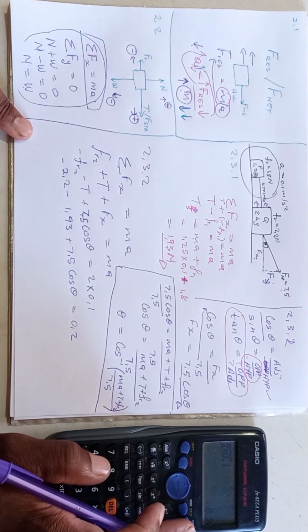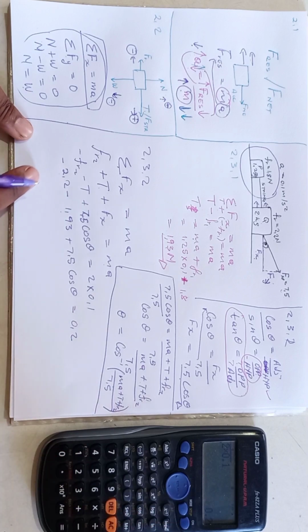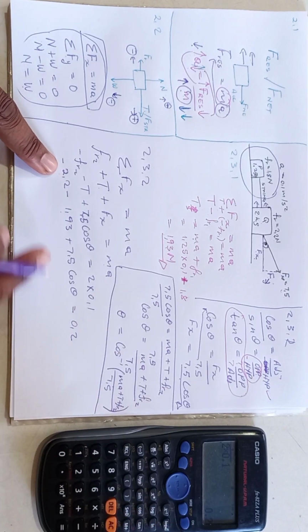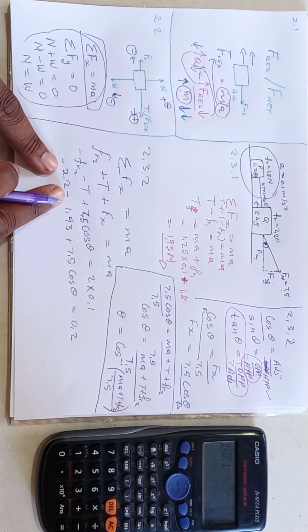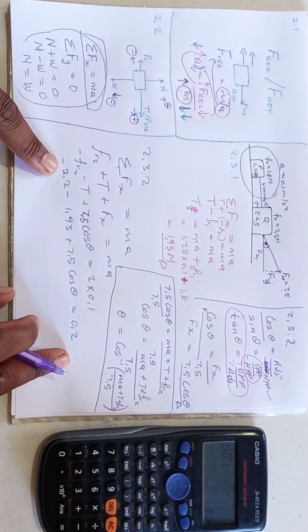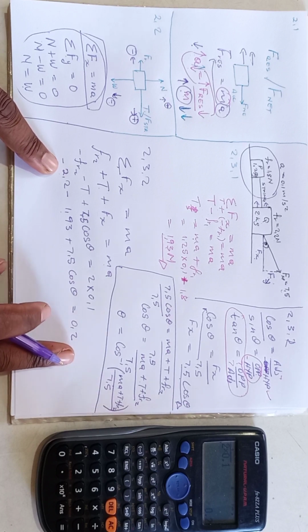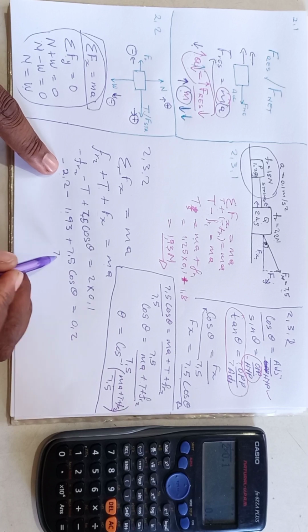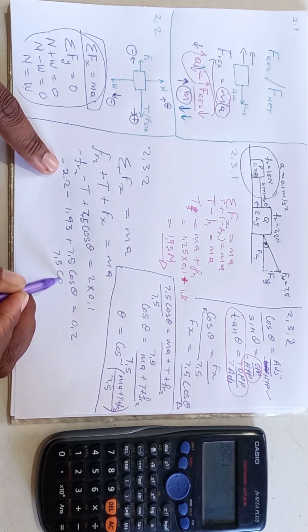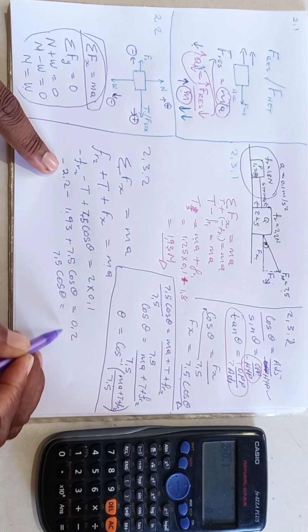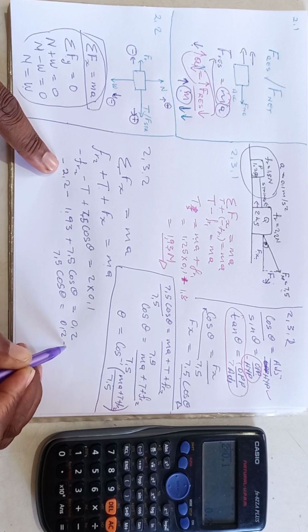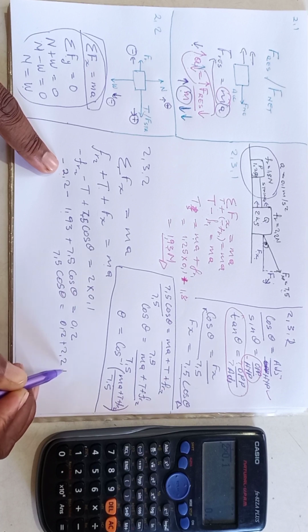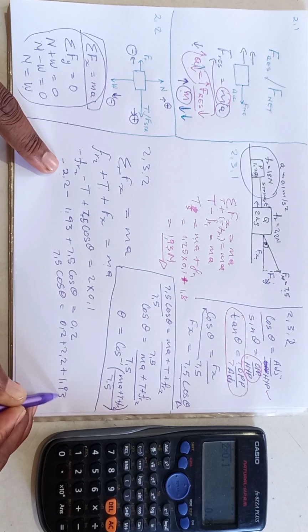So we will end up having minus the sum of this, and that sum will still be negative, and then it will be taken to this side and the sign will change, negative to positive. So this is the same as saying 7,5 cos theta equals 0,2 minus 2, plus 2,2 plus 1,93.